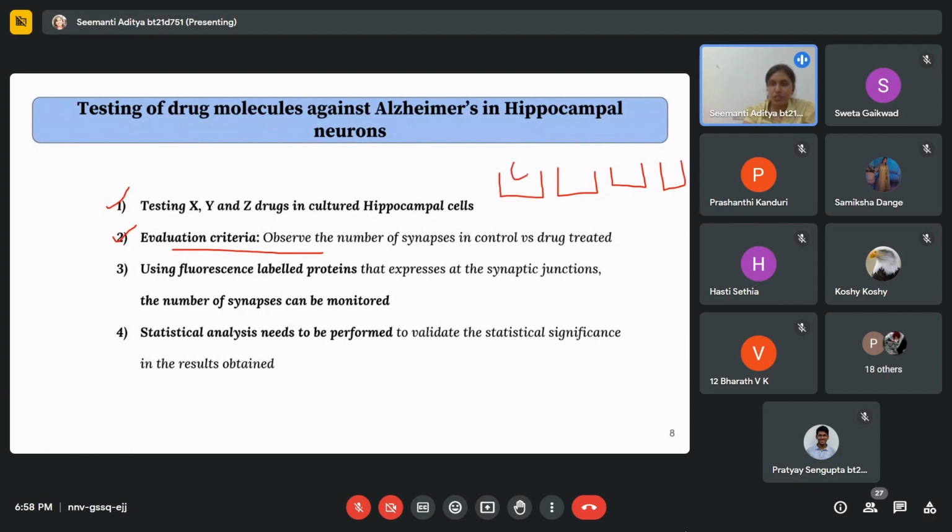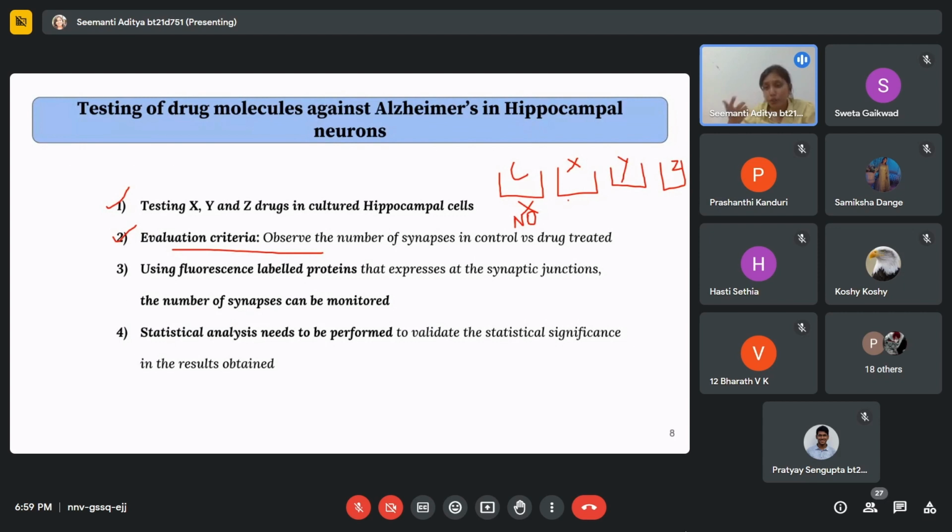So this is control, this is X, this is Y, and this is Z. We have to plate an equal number of cells in each of these dishes. In control, we are not giving any treatment, so this is no treatment, but here we are giving treatment.